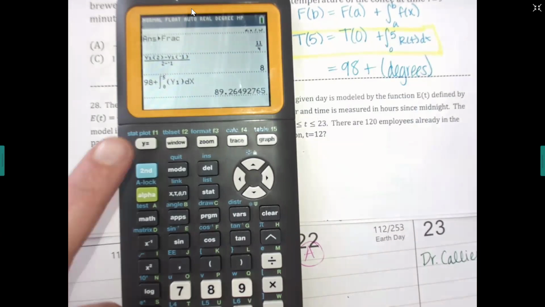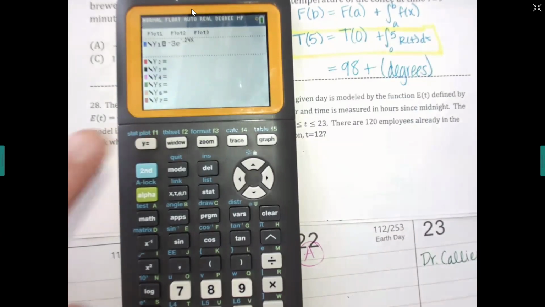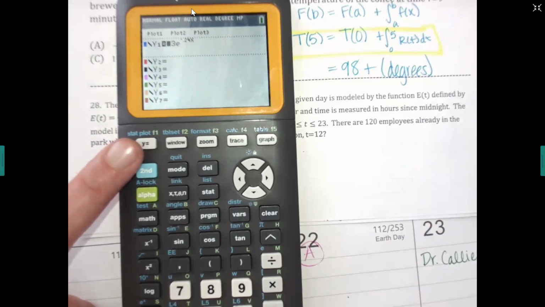Are you talking about in the Y equals, Benji? Yeah. How do you enter the Y1? Push Y equals. And then I did the -3. E is on the second LN button.